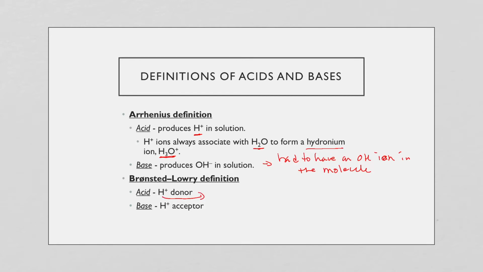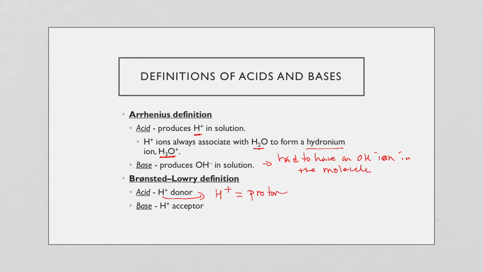Now, something we'll refer to later on, but I'll just mention it now, is that in acid-base discussion, or nomenclature, an H+ ion is referred to as a proton. Not the subatomic particle, but we just talk about H+ as a proton because that's all that it really has.